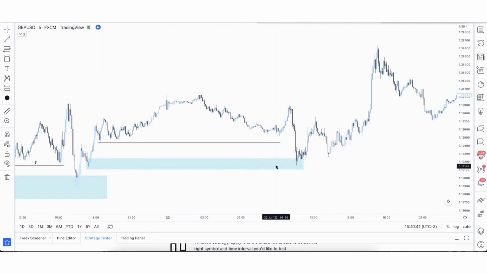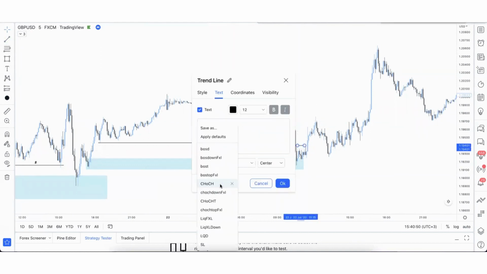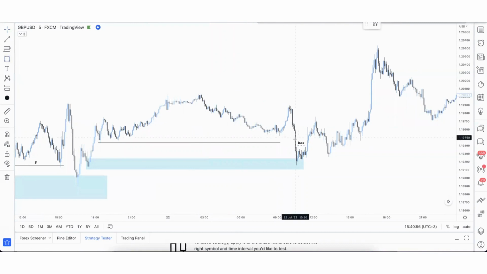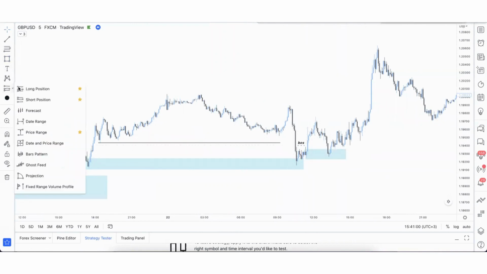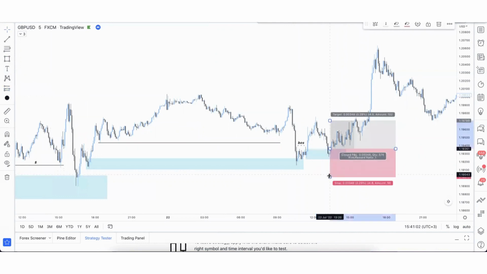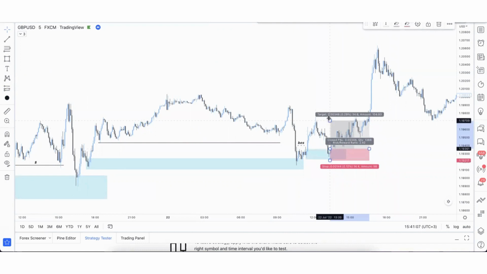If you are still unsure about this, you can still check this move, like breaking this mini structure here towards the upside, and then mark this demand zone here. And then you can enter on this area so that you have a lot of confirmation that you can do the reversal trade.